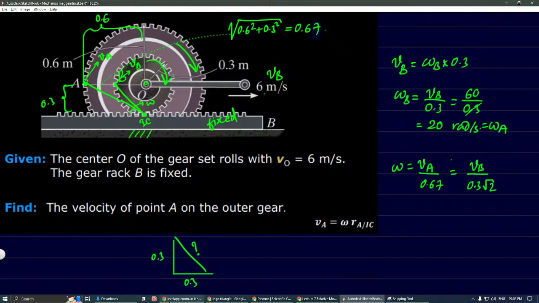We are interested in this length. Velocity of B is known. Wherever the wheel makes contact with the ground, that point becomes the instantaneous center.